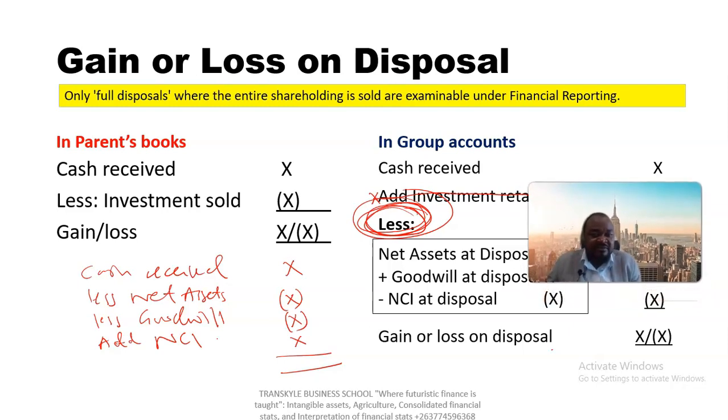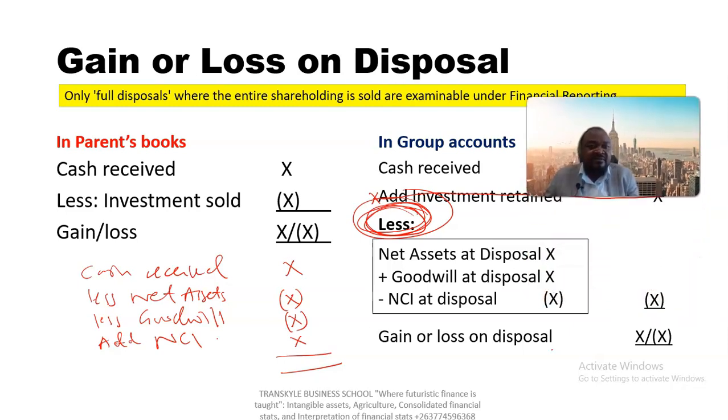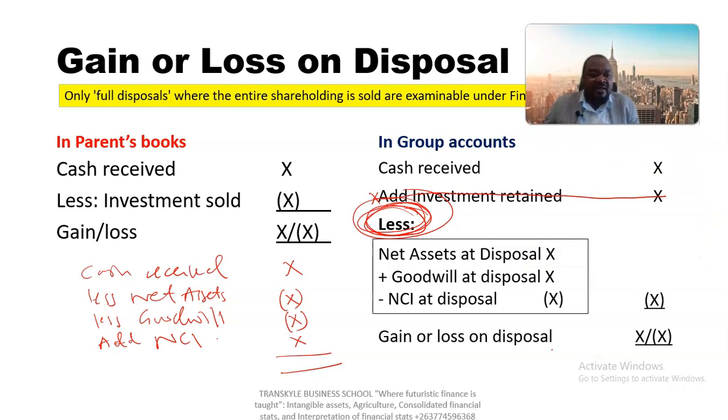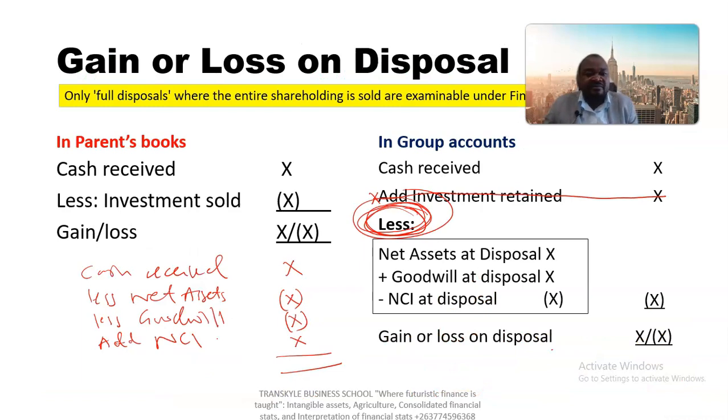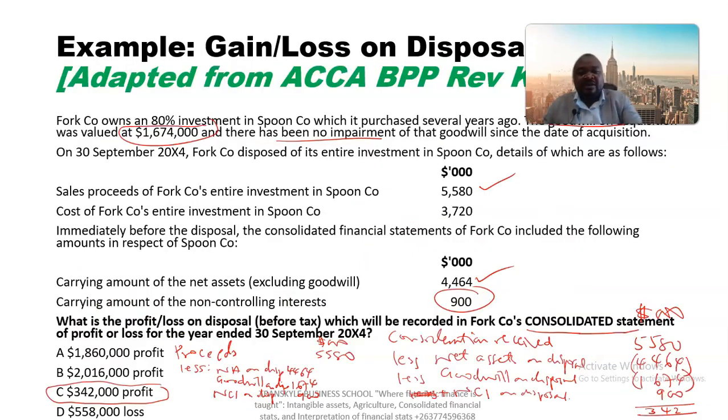So the NCI is now negative. So we come here and say our NCI should be negative. Why is it negative there? Because we have got the single less here. The impact of that less is that it will turn the negative NCI into a positive figure.